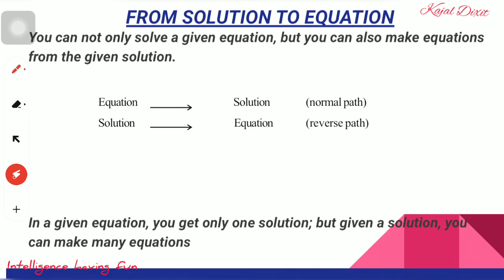For making the equation from the solution we have to move in the reverse path. So an equation leads us to a solution, and if we follow the reverse path, then from a solution we can arrive at the equation. In a given equation you get only one solution, but given a solution, you can make many equations.